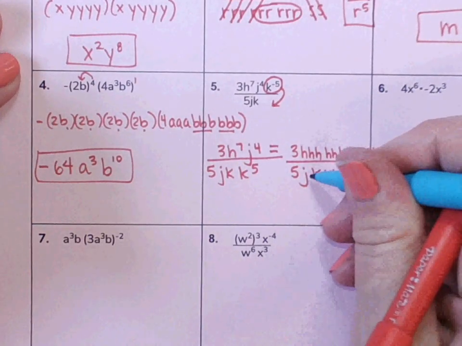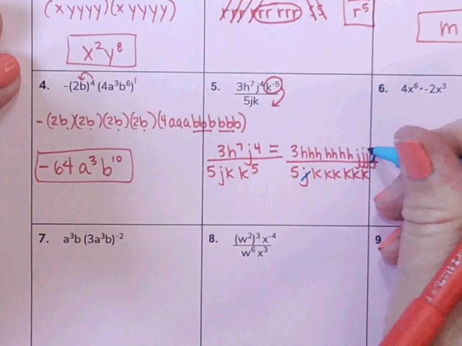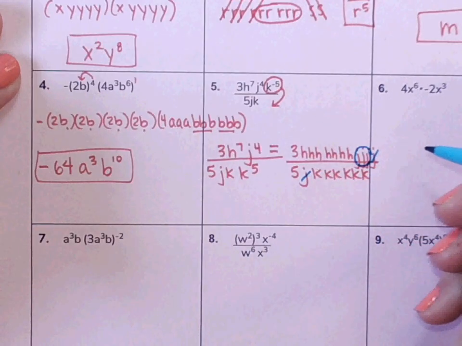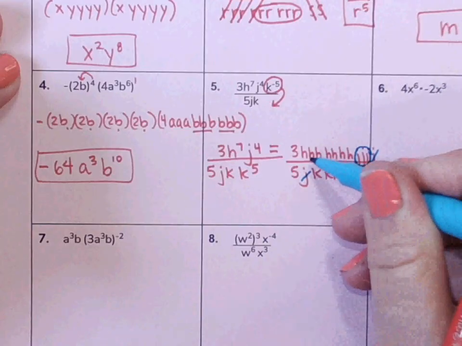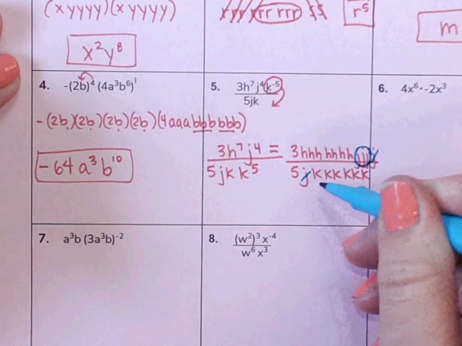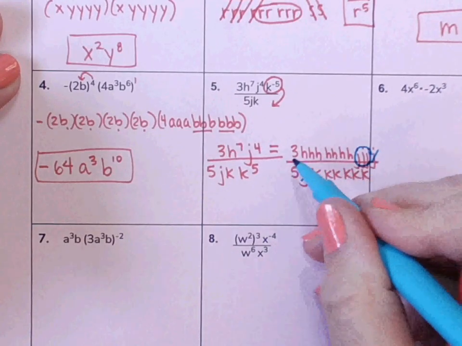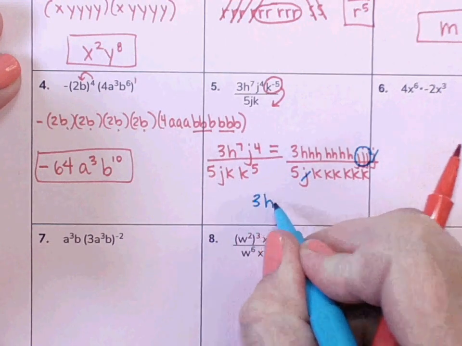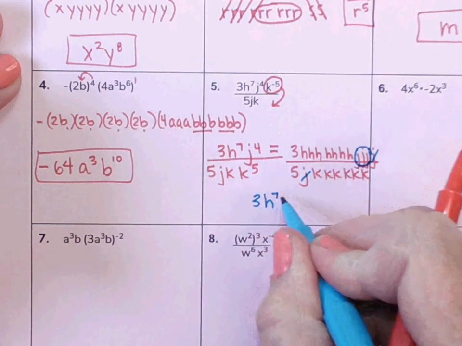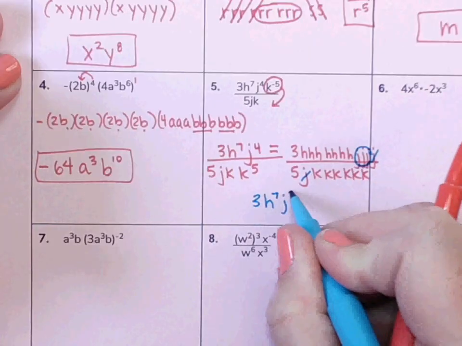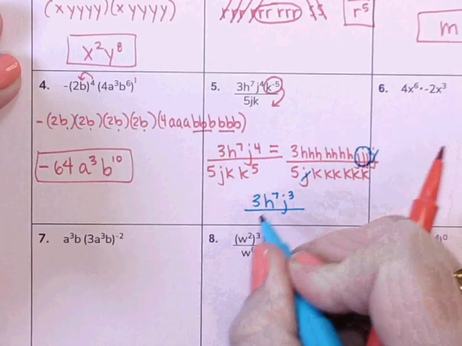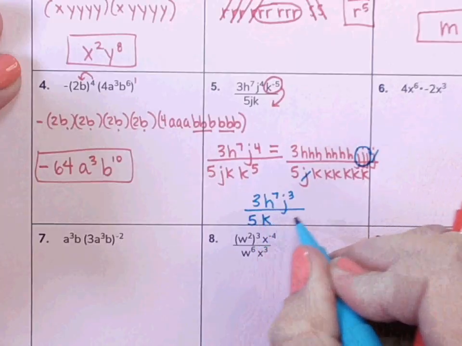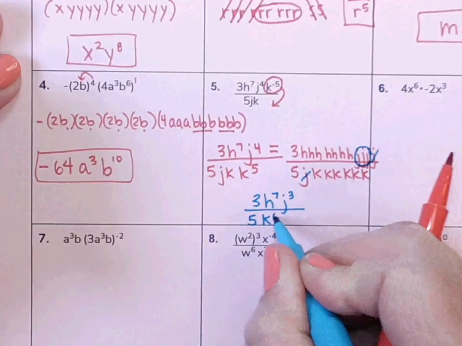This j can cancel with that j, so I have 3 j's left on top. And there's no h's on the bottom and there's no k's on the top. And 3 and 5 do not reduce, so how many h's? There were 7. How many j's are left on top? 3. 5 is on the bottom, and then how many k's? 6.